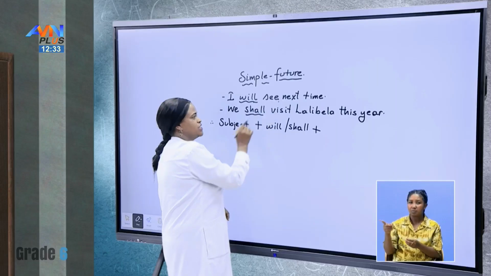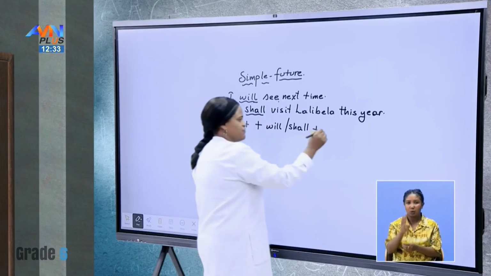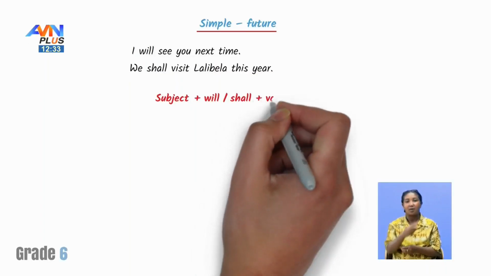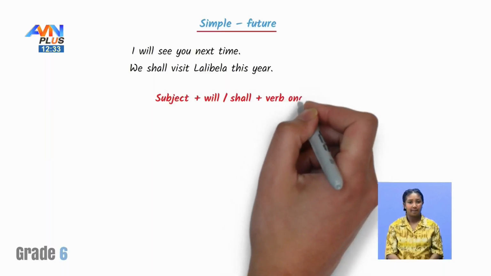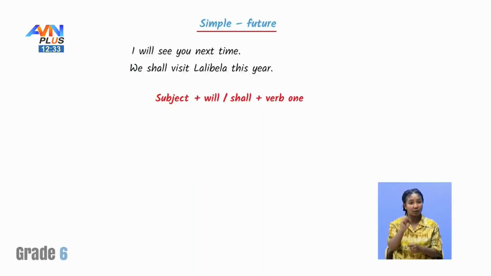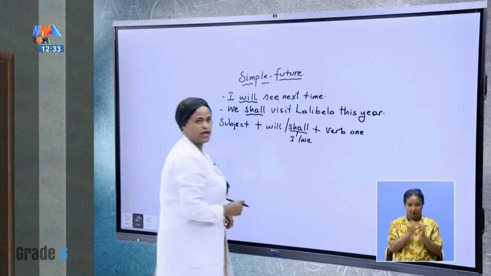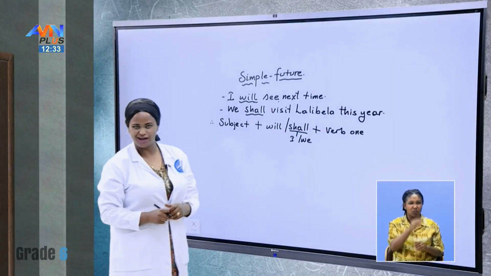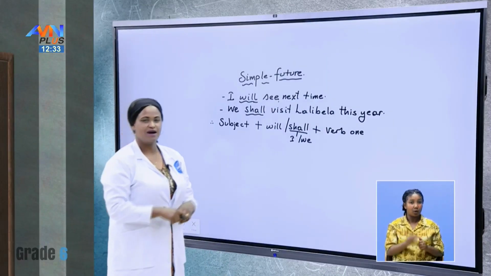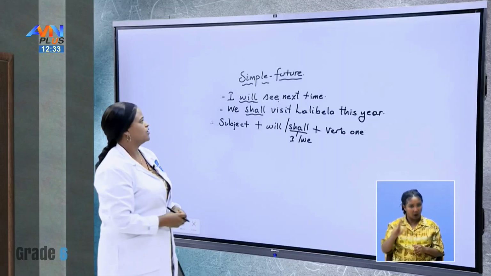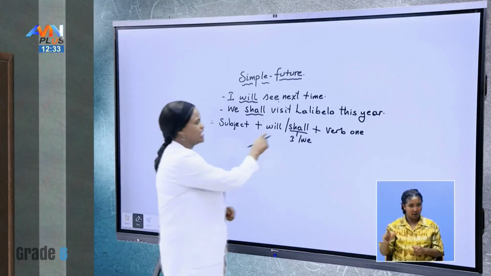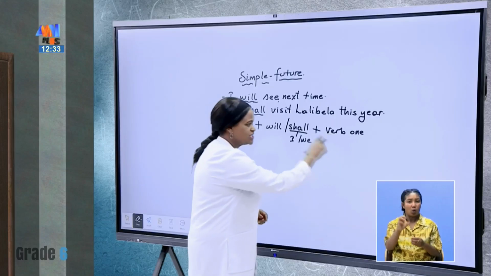Will see, will visit. It is verb 1. Okay. By the way, when you are using shall, we use it with I and we. Okay? We don't say she shall or he shall. No, that's wrong. We say what? I shall or we shall. Okay. So subject plus will or shall plus verb 1.